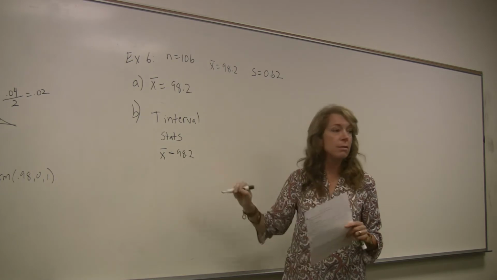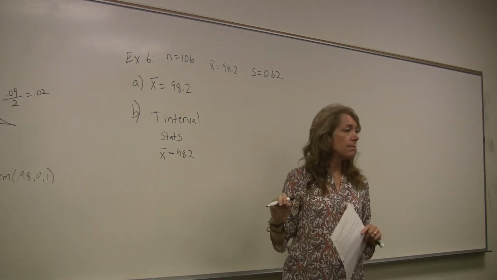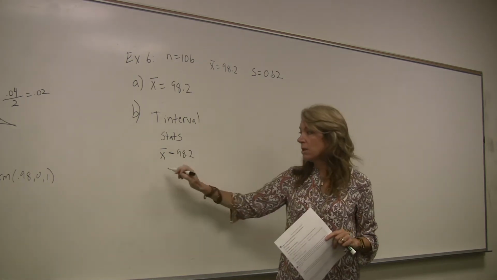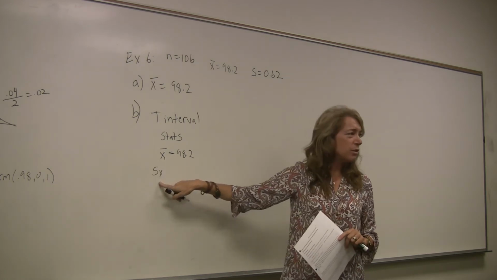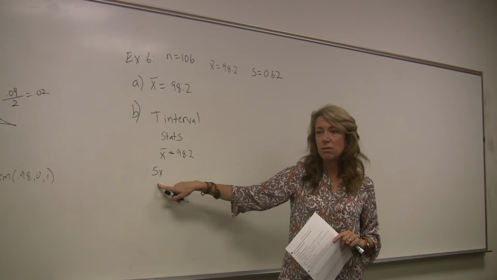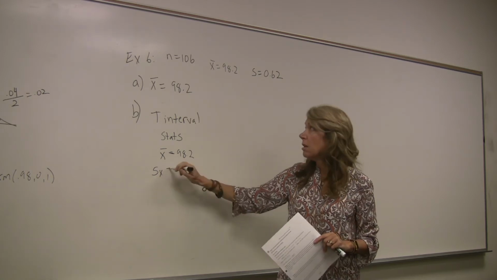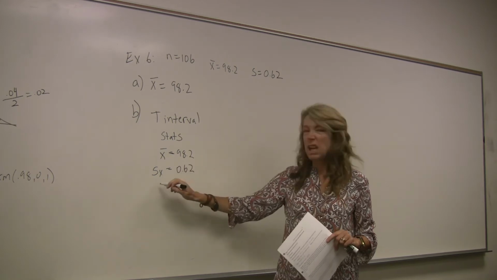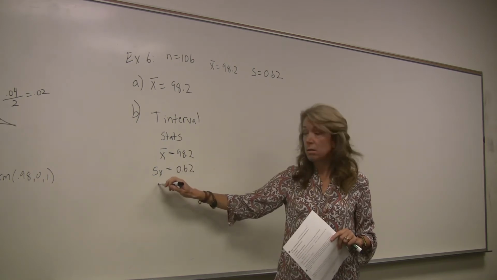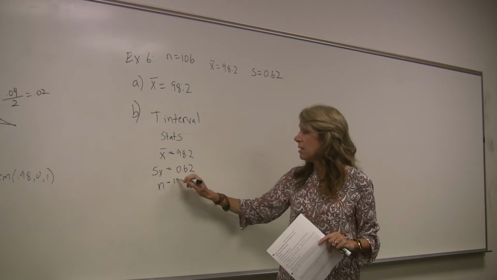What does it ask for next? Does it write SX? Yeah. Remember, that's how our calculator refers to our S. It calls it SX. All the same thing it did back in chapter 3. So SX was our 0.62. N is next, probably. Yeah. And then the C level.